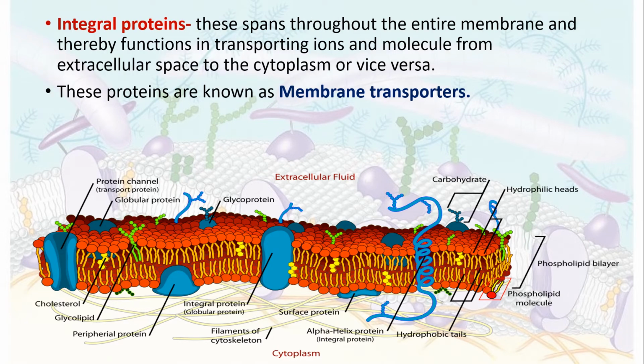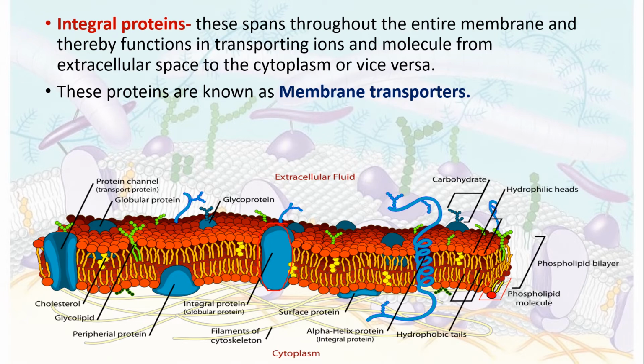So, integral proteins span throughout the entire membrane and thereby function in transporting ions and molecules from the extracellular space to the cytoplasm or vice versa. This is the integral protein, or intrinsic protein.